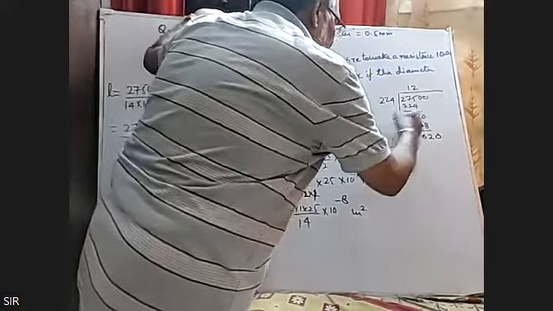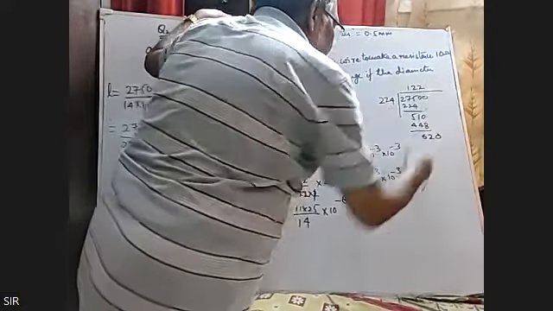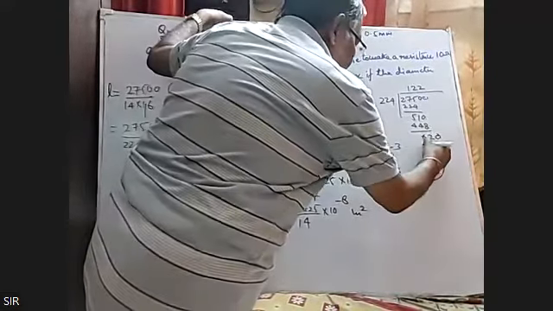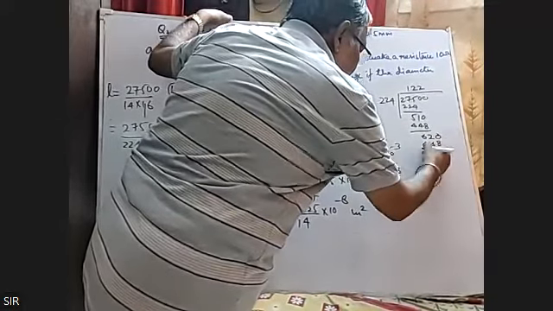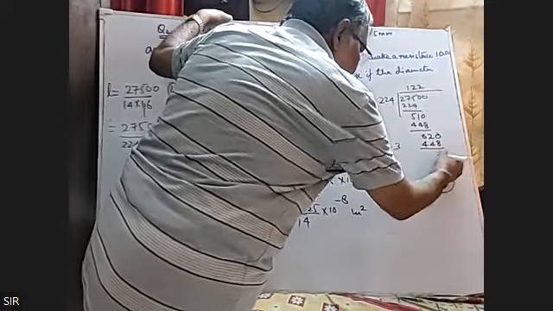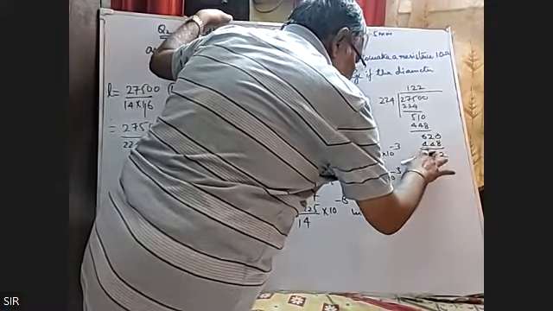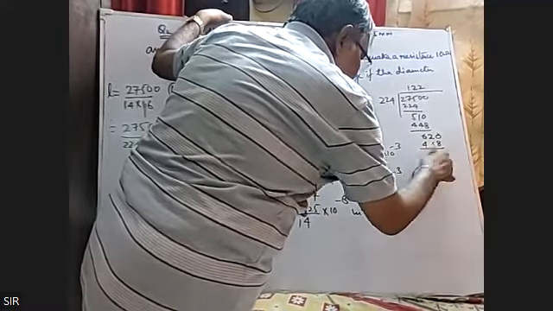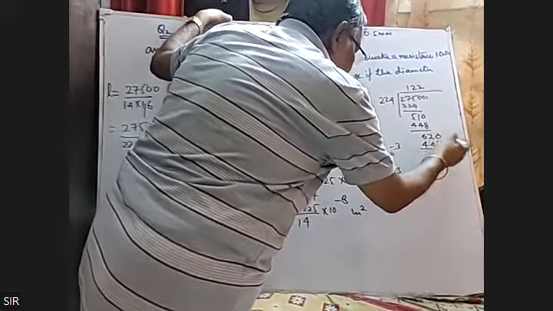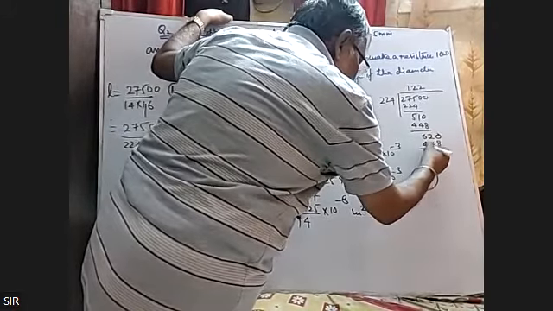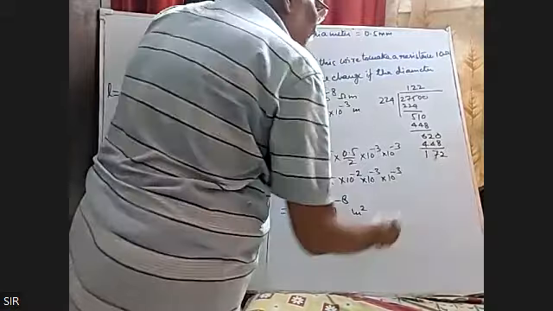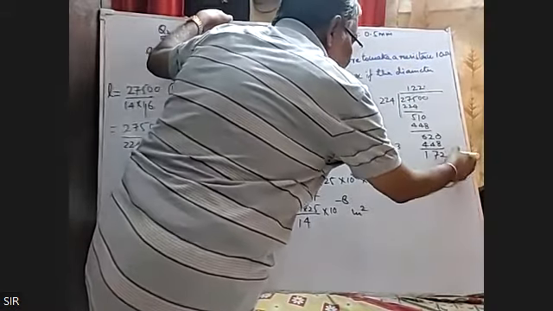It will not go 3 times, it will go 2 times. So again 448. 10 minus 8 is 2. 11 minus 4 is 7. 11 minus 4 is 7. And 5 minus 4 is 1. Now point 0.